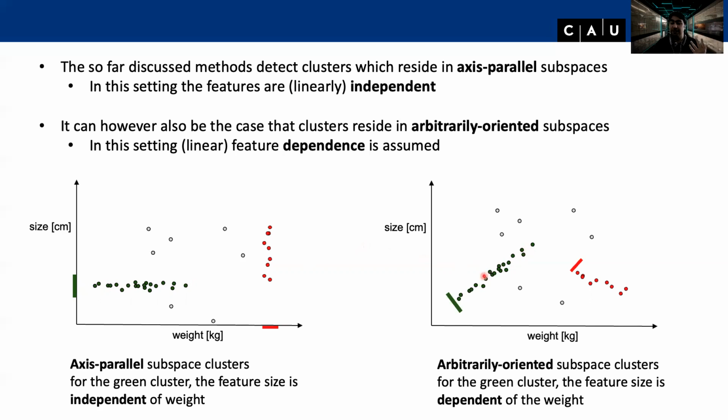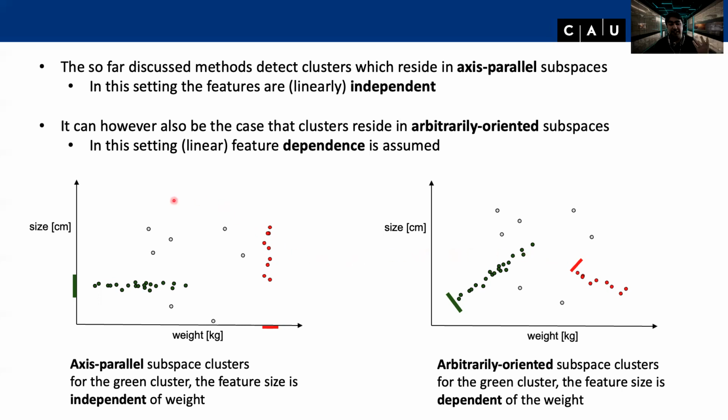So this subspace is no longer caged to the original axes of our data space, but may be anywhere, like here or the red one here. So you may think, okay, great, we have two different settings. In the one they're axis parallel and in the other one they're not. What's so important or interesting about it?